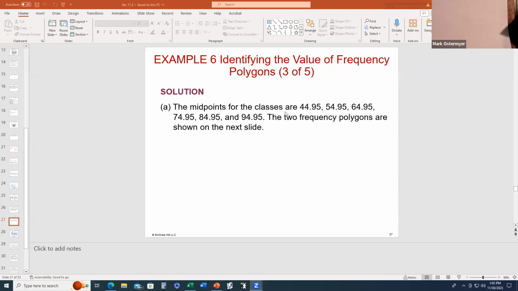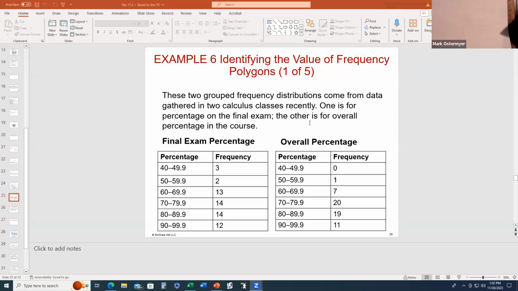And the midpoints for the classes are 44.95, 54.95, 64.95, et cetera. So how did they get that 44.95 as being the midpoint of the first class? How did they get that midpoint?